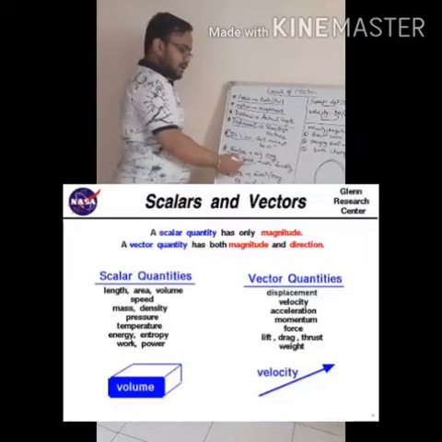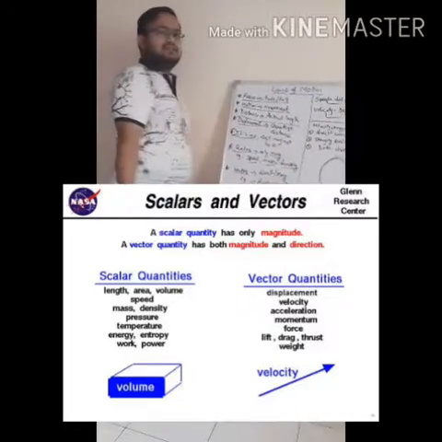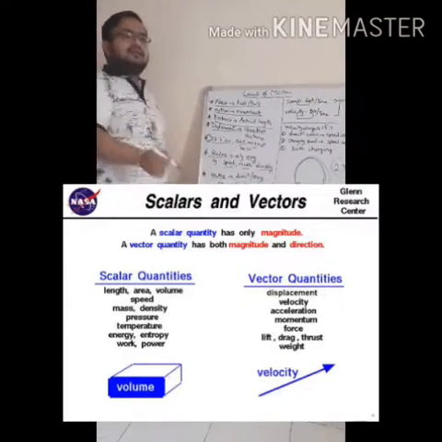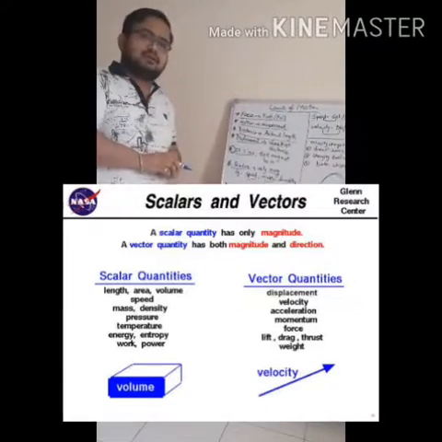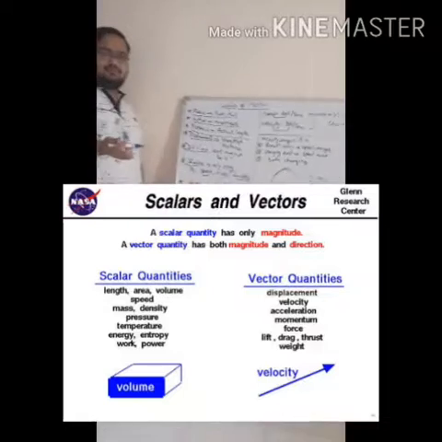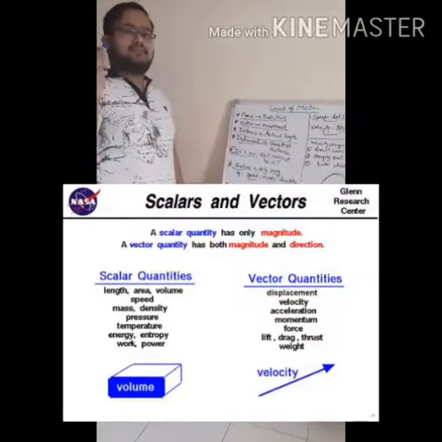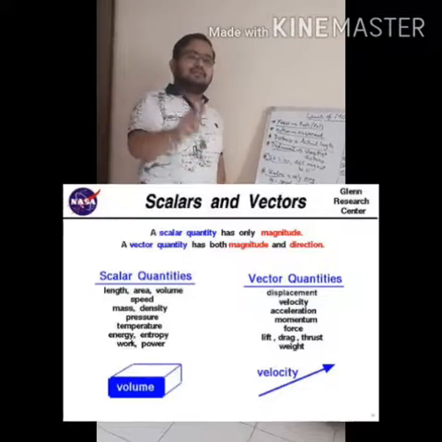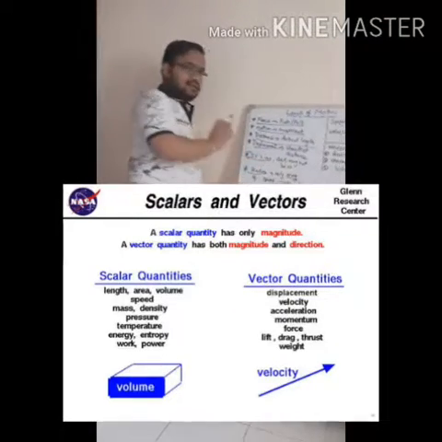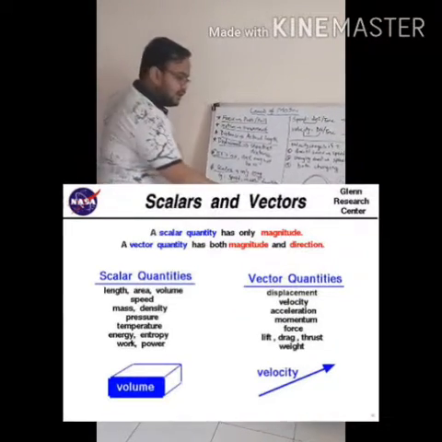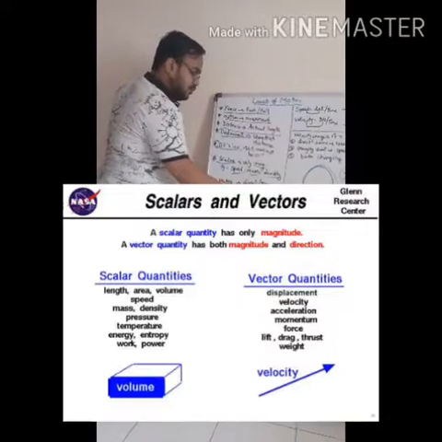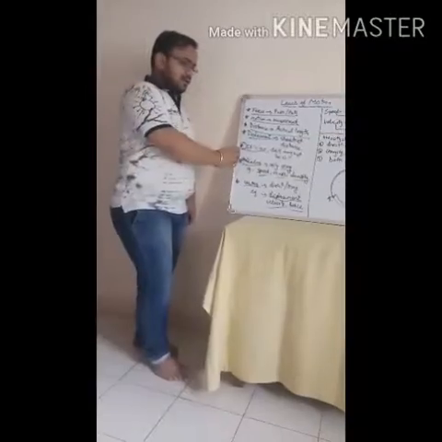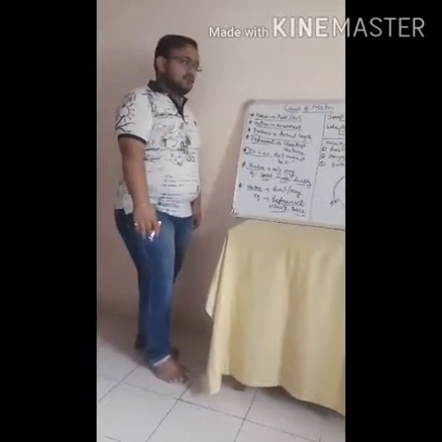Examples are speed, mass and density. And a vector means magnitude is given as well as direction. Means distance is given as well as direction: 5 meters in north direction, 7 meters in south direction. Examples are displacement, velocity and force. Clear? Scalar and vector?